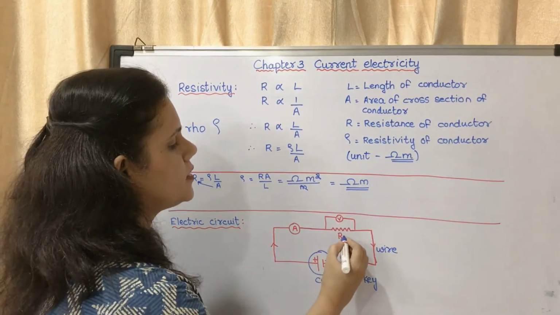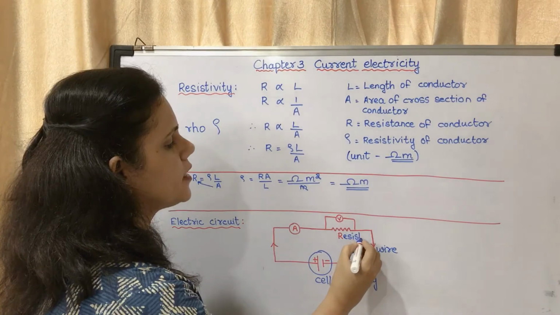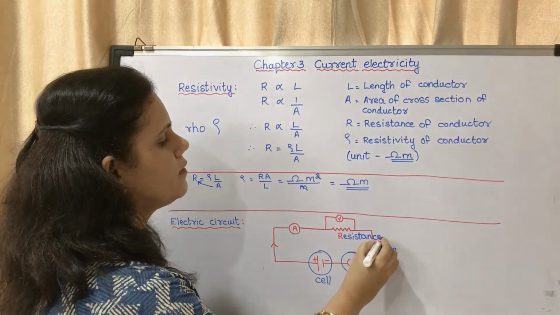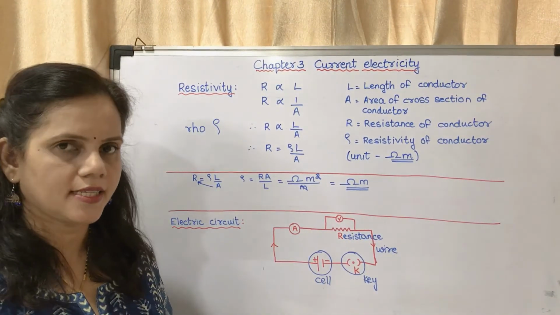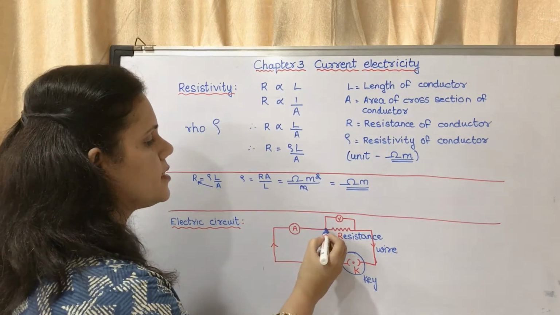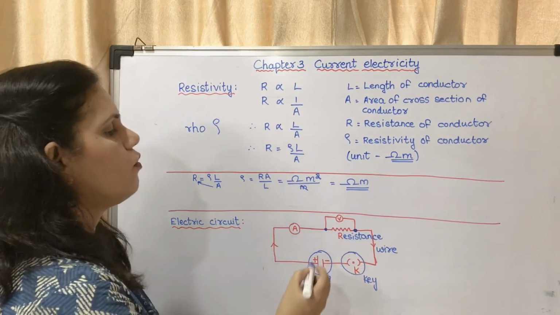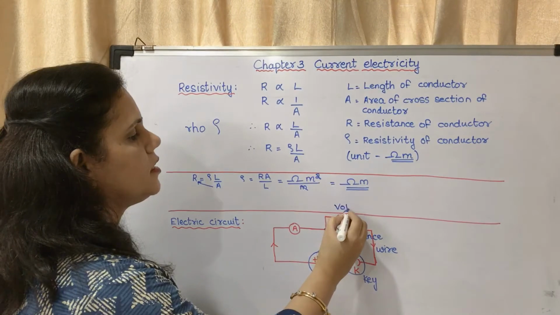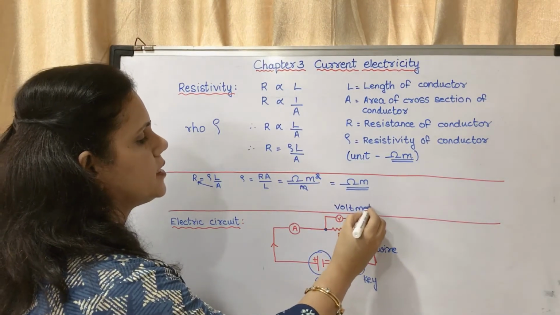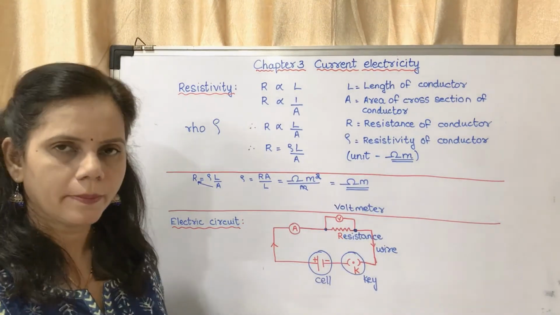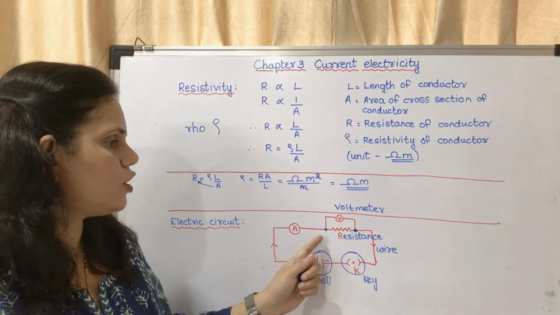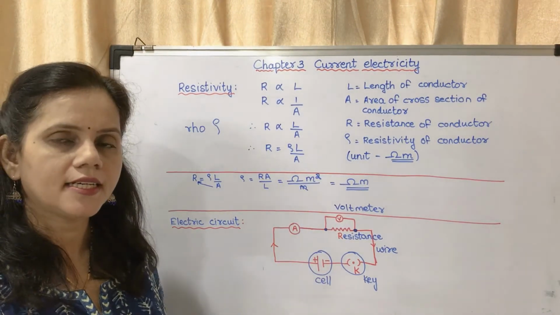This R which is shown is the resistance. We have connected a resistance. Now through this they have connected a voltmeter. This is a voltmeter. You may see that the voltmeter is not connected in series.